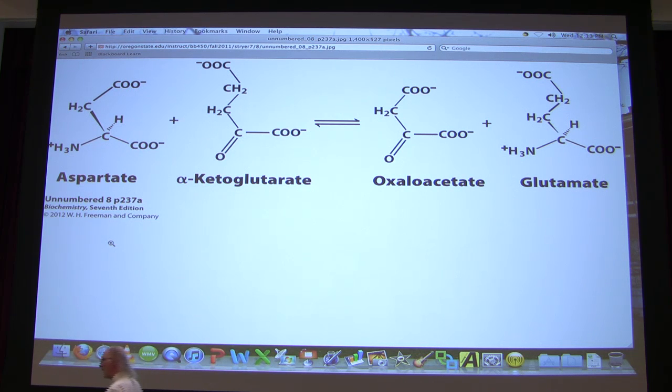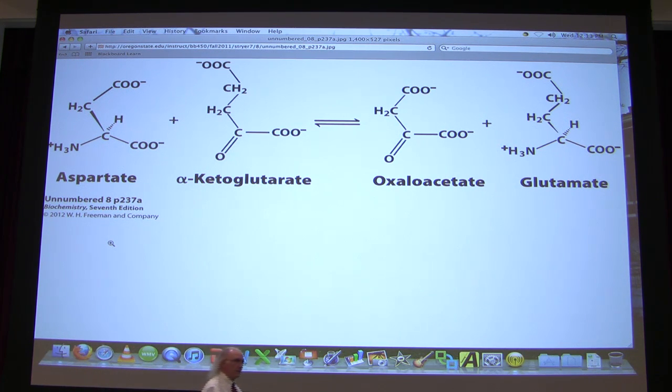So in essence, we started with something that had a nitrogen, and it ended up with an oxygen. We started with something that had an oxygen, and it became a nitrogen. Now, what I've essentially done is I've taken aspartic acid, made oxaloacetate. I've taken alpha-ketoglutarate, and I've made glutamic acid.